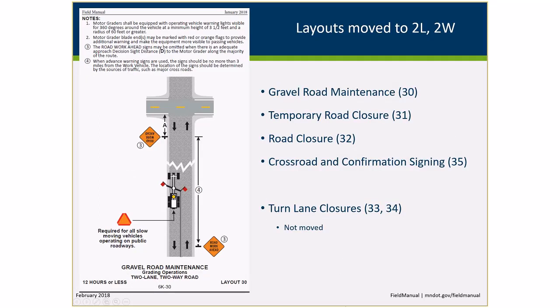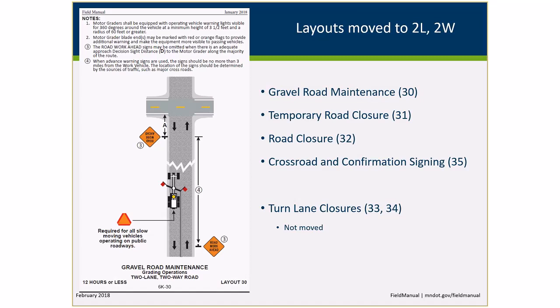Some additional layouts were moved to the two-lane, two-way area from other areas. Most of these were in the miscellaneous layouts before. Gravel road maintenance, that's layout 3030, was moved into this area because that really is more two-lane, two-way situations. Temporary road closure was moved to this area as well, as was regular road closure.